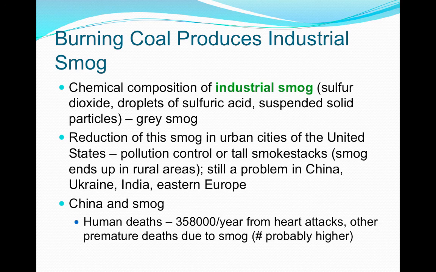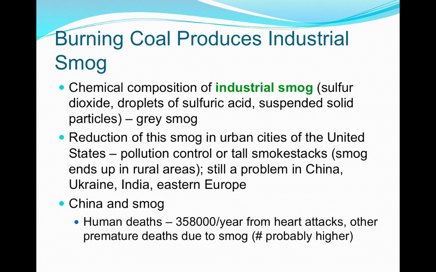I'm going to show you a picture here in a second of that process. Two places where there was a small window of time in which many people died from industrial smog: one was London, England in 1952, and then 4 years before that, in 1948, Donora, Pennsylvania. That's a place you need to know for the national exam for sure. Thousands of people sickened and died because of it.